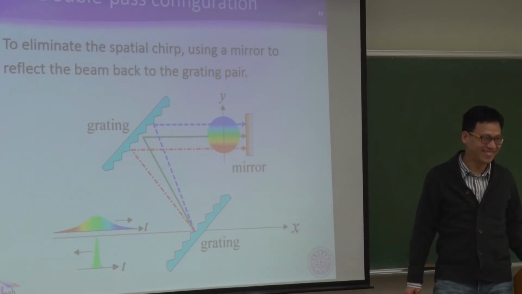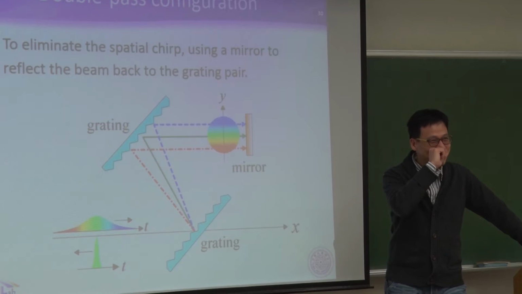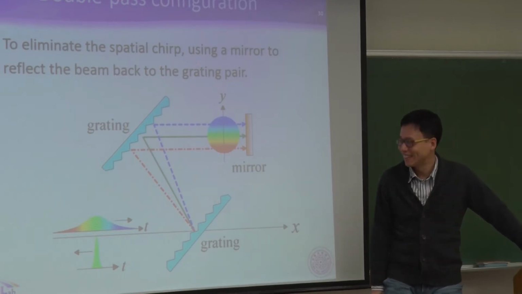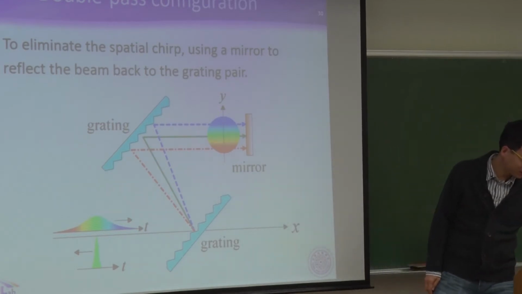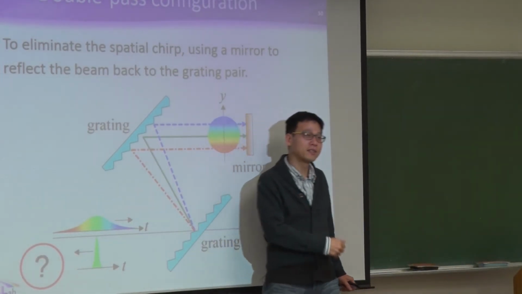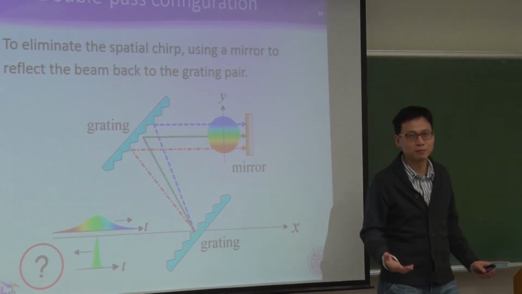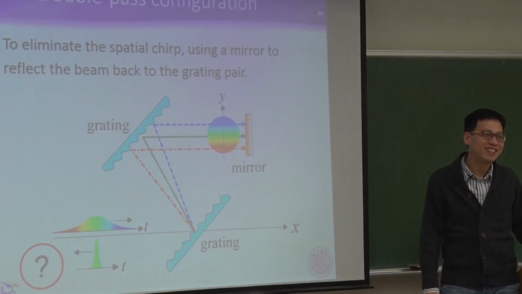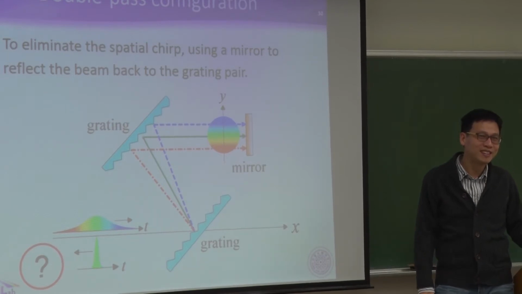Good, good. 哦，这个有在 lab 出没就会知道了。啊，我的 issue 就是how do you separate your incident beam and the reflected beam, your output beam? Beam splitter?